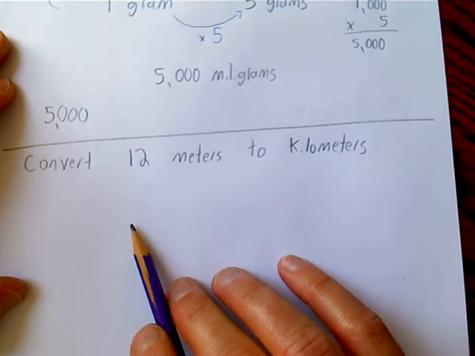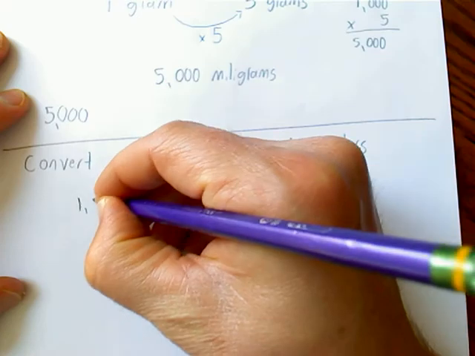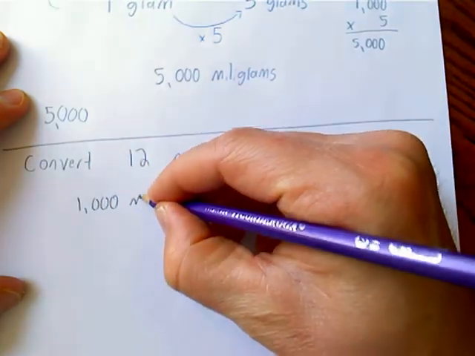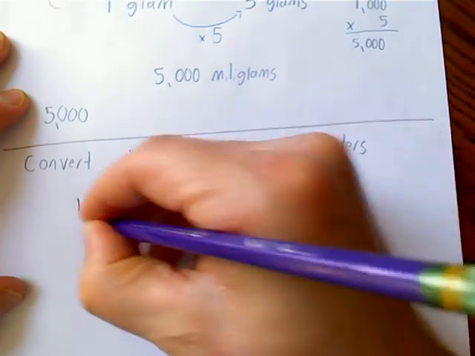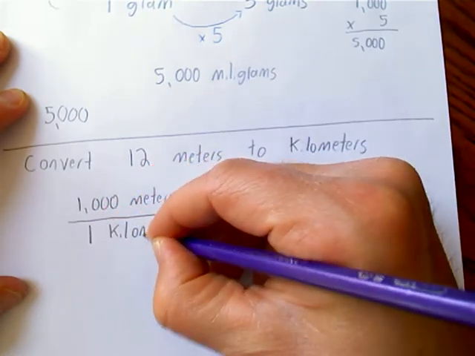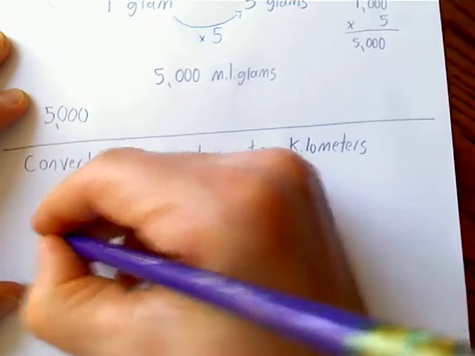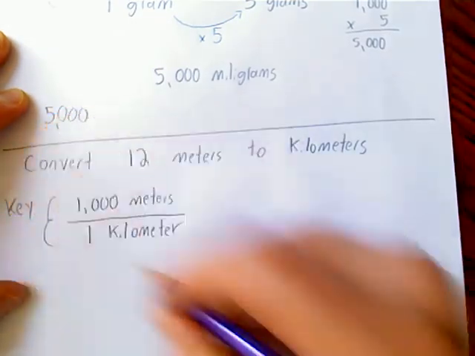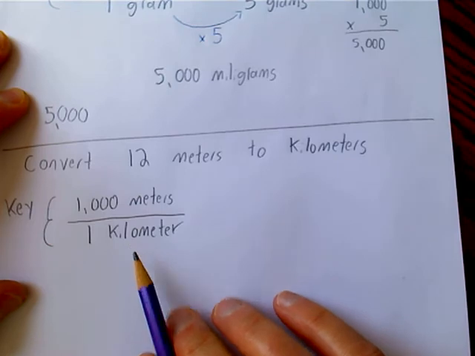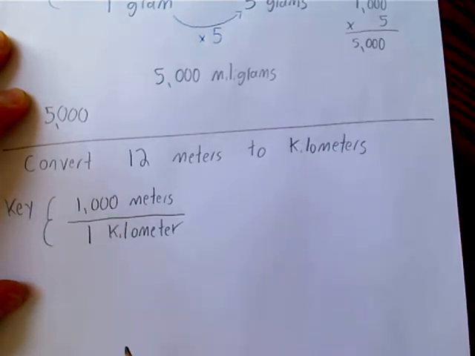I'm just going to say, in terms of units, we know that there are 1,000 meters for every 1 kilometer. And again, this is our key. We know this from yesterday's lesson, that in 1 kilometer there are 1,000 meters.